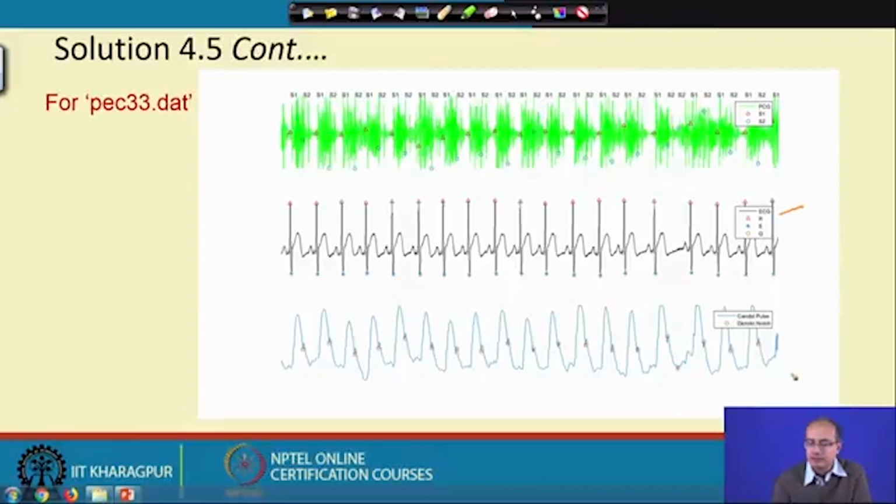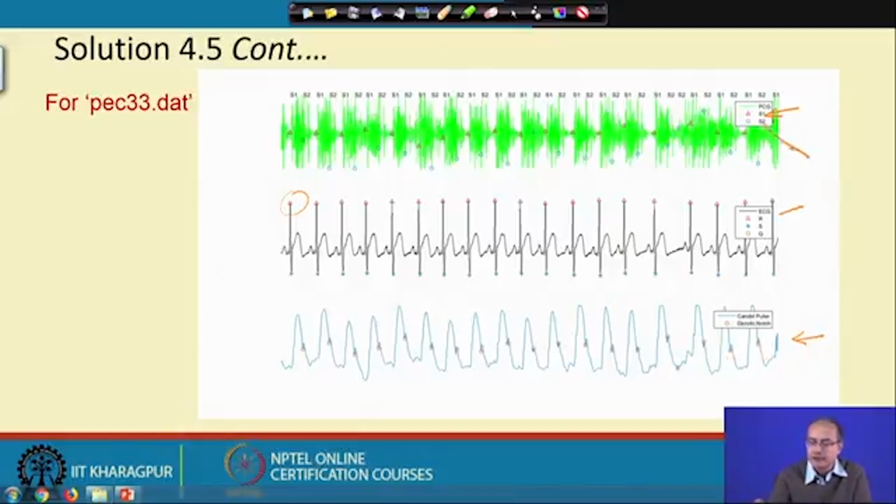So, we have marked them with the triangle, and from there we have taken the location of the S1 point, we have marked that, and next we have taken the carotid pulse and we got the location of the dicrotic notch.